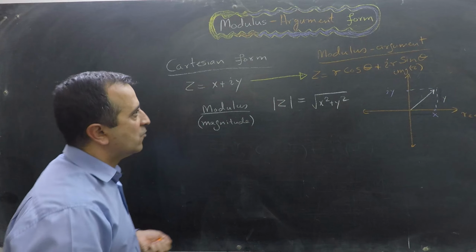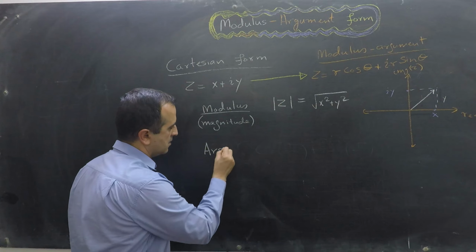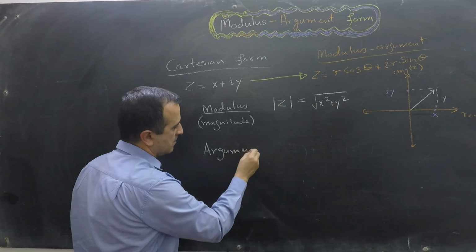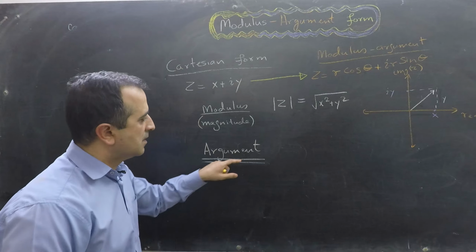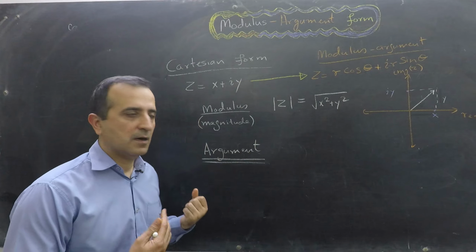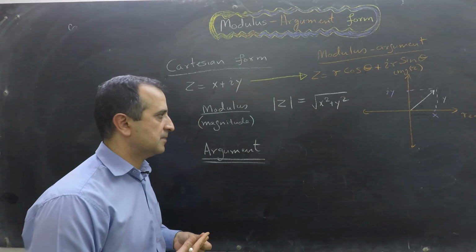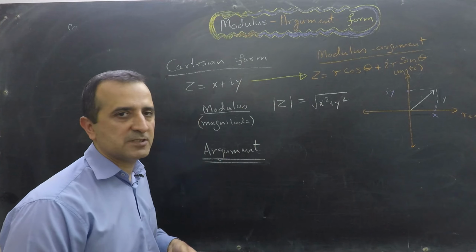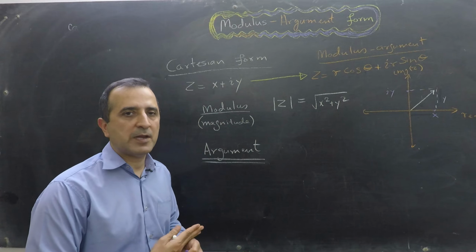Now, what is the argument? Argument is an angle between the x-axis and the position vector. But my position vector can be in different quadrants.